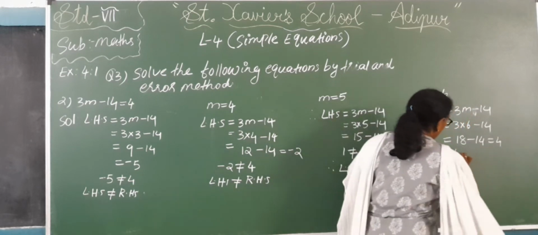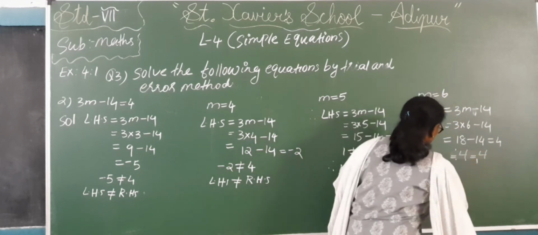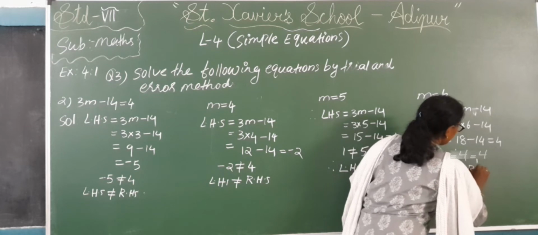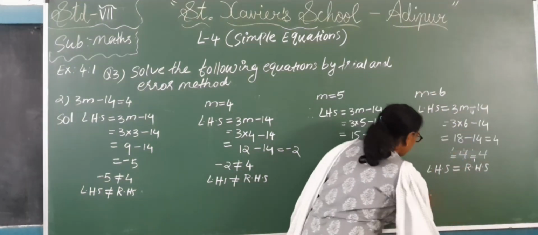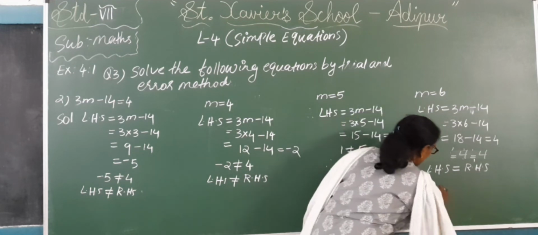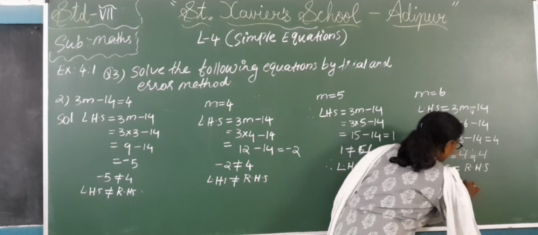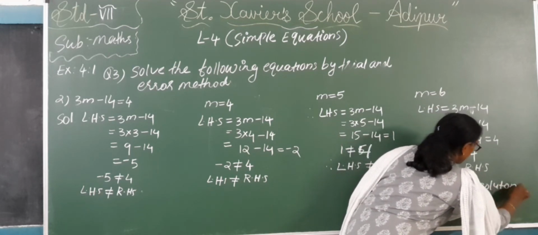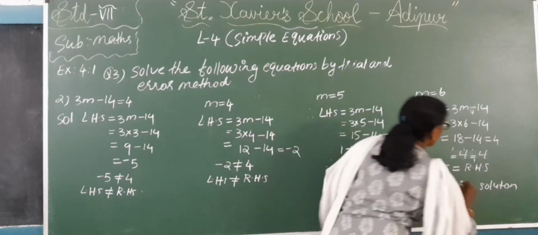So 4 is equal to 4. LHS equal to RHS. Okay, therefore m is equal to 6 is a solution to the equation.